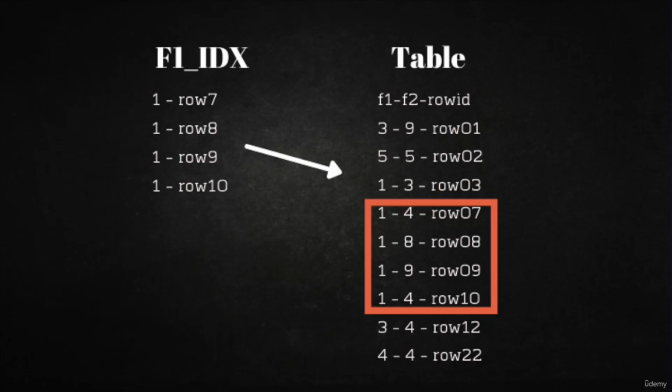Let's just go immediately to the table, fetch those rows, and then do a recheck, refilter the results based on F2 equals 4, right? Databases usually do that when they know that the F2 index returns so many rows while F1 returns very few rows and the condition is an AND.